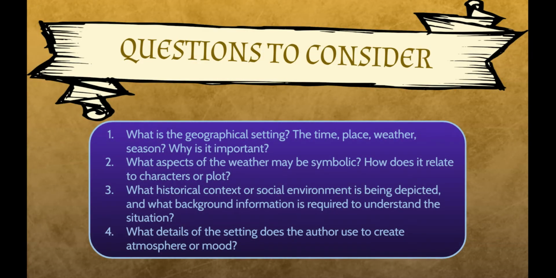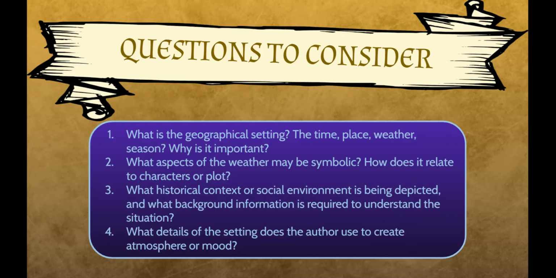So some things to pay attention to: think what's the geographical setting, the time, the place, weather, and then why is it important? If weather is factoring into the story, what is it doing? Is it creating conflict, or whatever? Think about how weather may be used symbolically, how it can relate to characters or plot events that are happening.